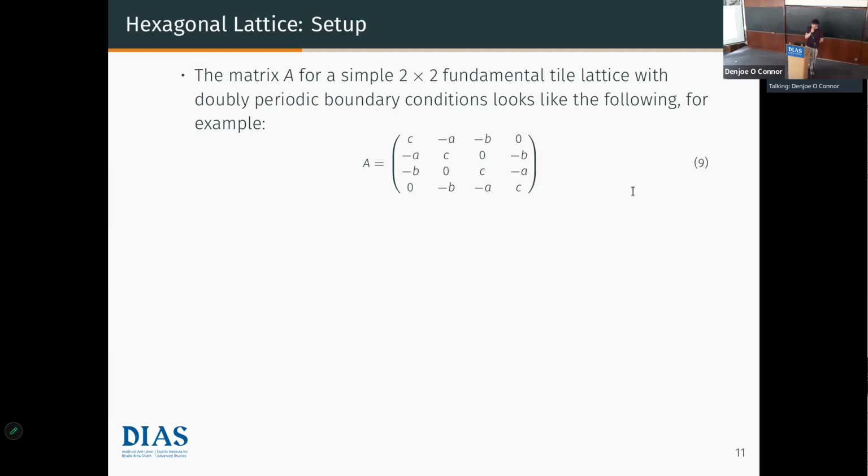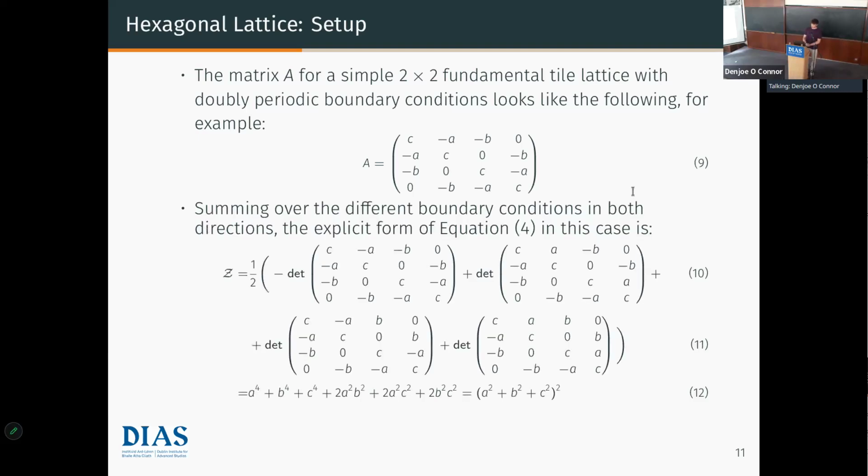So considering a simple 2x2 case, 2x2 fundamental tiles of this hexagonal lattice, for doubly periodic boundary conditions, it looks like the following. And then computing the partition function by summing over the different twists in that toroidal structure, you get out that there are 9 total dimer configurations in this simple case.